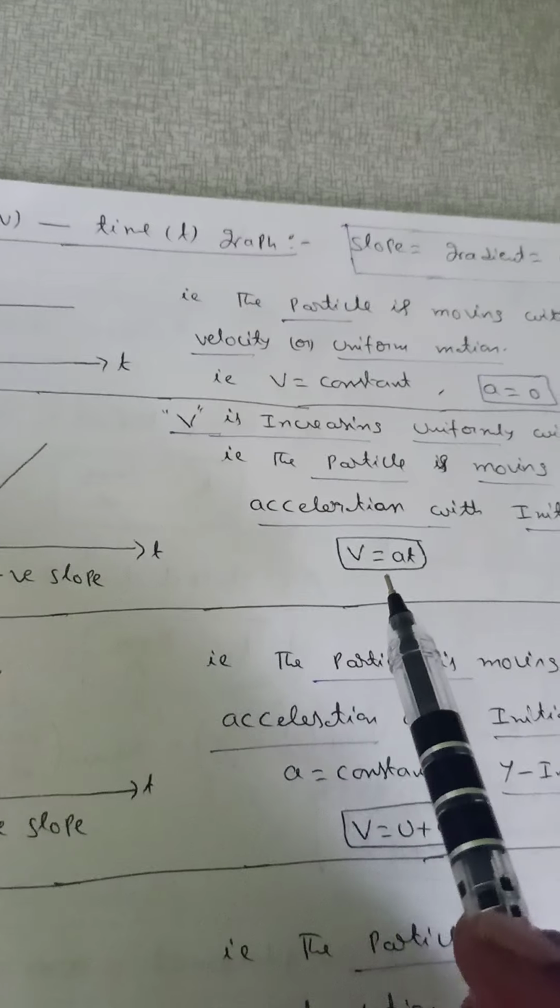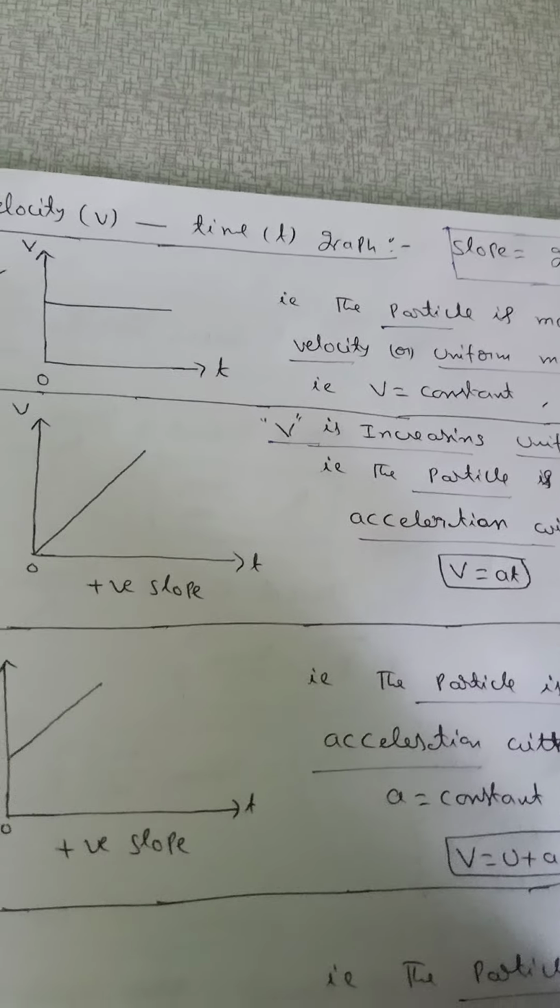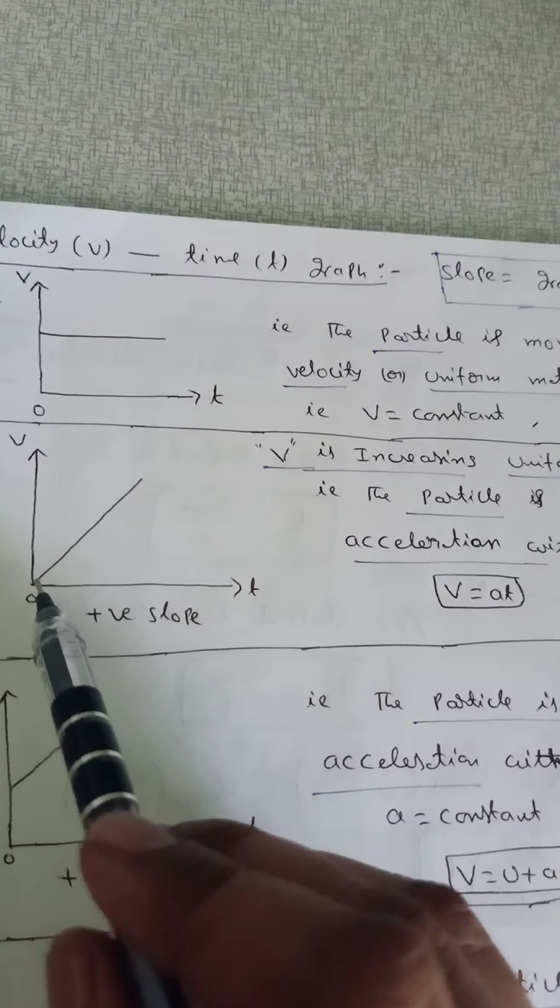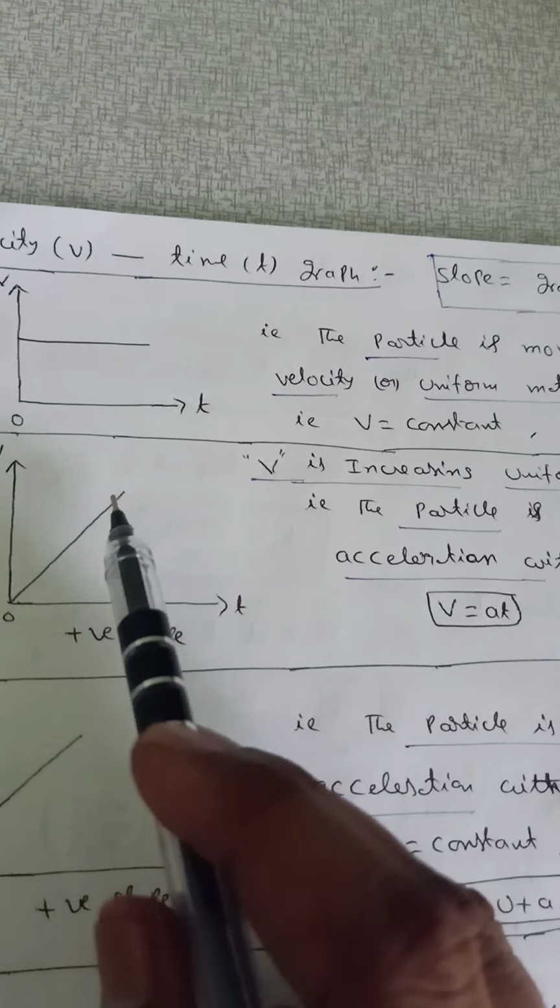That means v is equal to at, acceleration times time. This curve is a straight line passing through the origin. The tangent at any point gives the slope, and this slope is positive at every point.